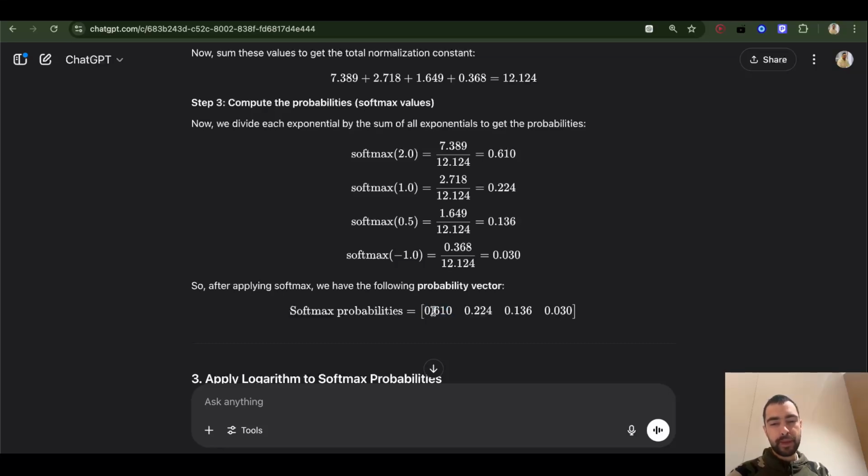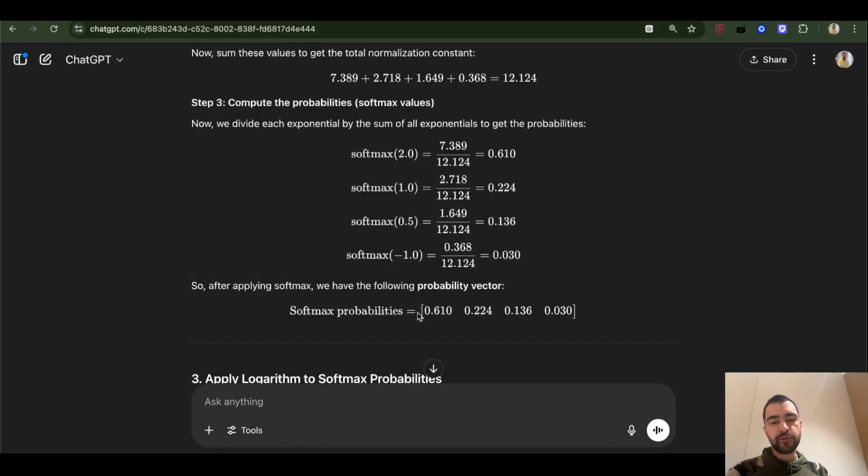We want to punish just a little bit, so it predicts an even higher score for the correct token. But if the LLM gave the correct token a very small probability, then we want to punish the LLM a lot more.